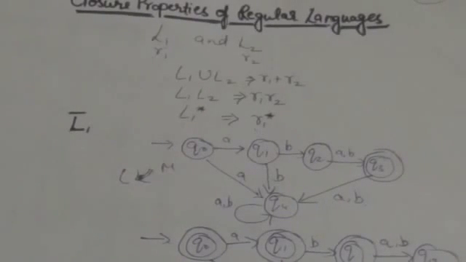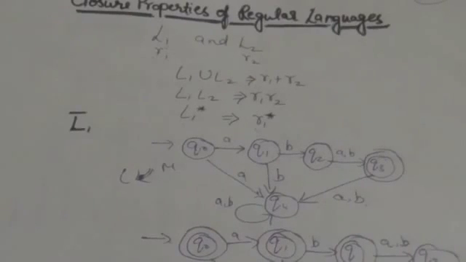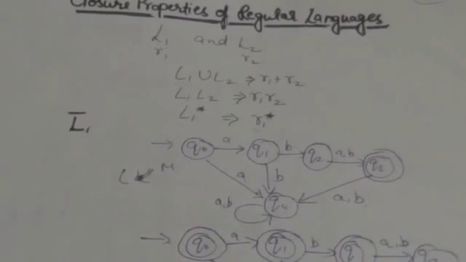Now, if L1 is a regular language, then L1 complement will also be a regular language. L1 complement will be the set of all strings which are not present in set L1. L1 complement will be a regular language if there is some finite automata that will accept all strings of set L1 complement.